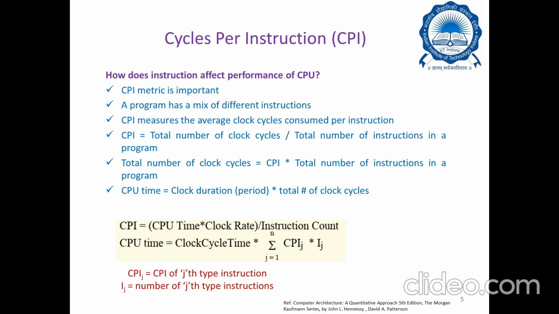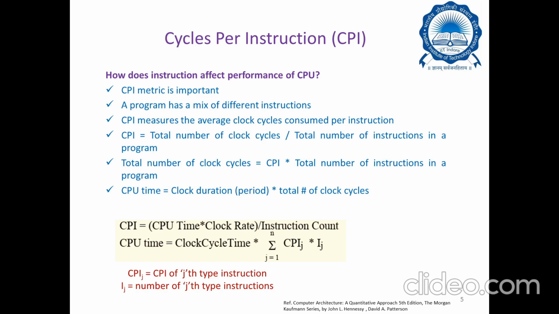So CPU time equals clock cycle time multiplied by the summation of j equals 1 to n, where n is the total number of different types of instructions in a given program, and inside it we are multiplying CPI of the jth type instruction by I_j, that is the number of that jth type instruction. So clock cycle time is being multiplied by the summation function.